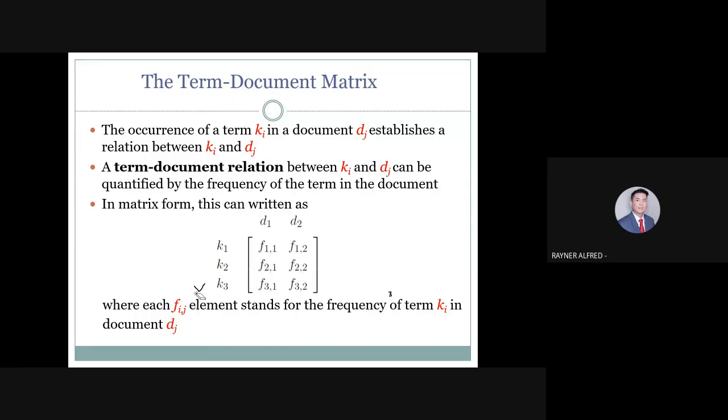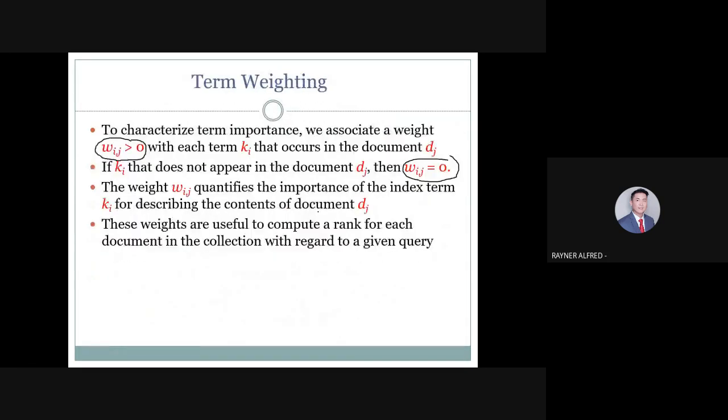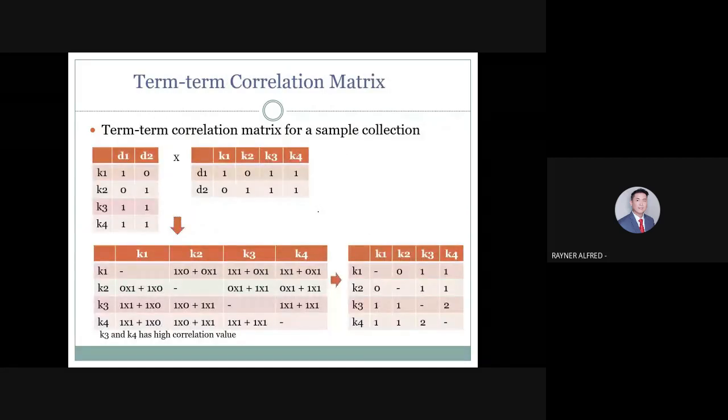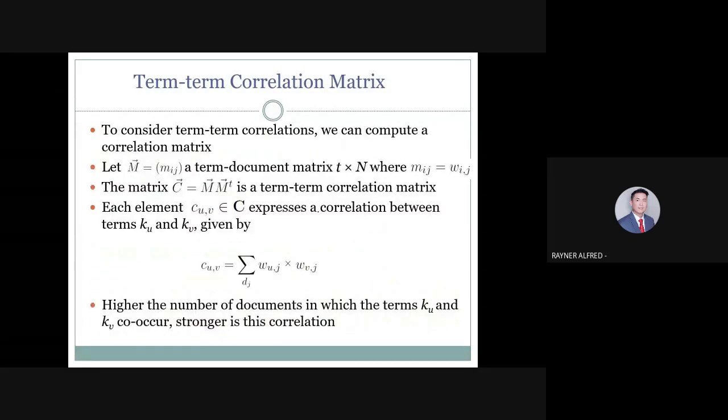So this is your term document matrix, and we will use it in order to compute the term correlation. The matrix that we have just now is this one.